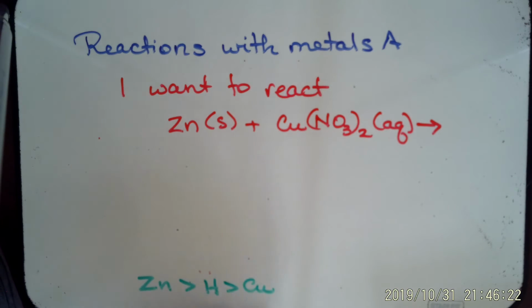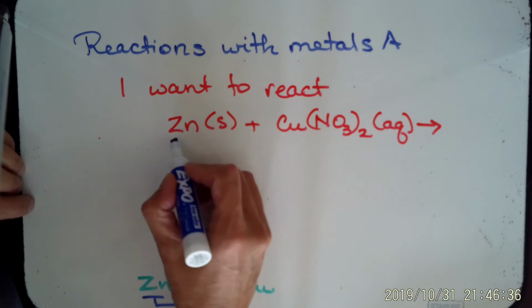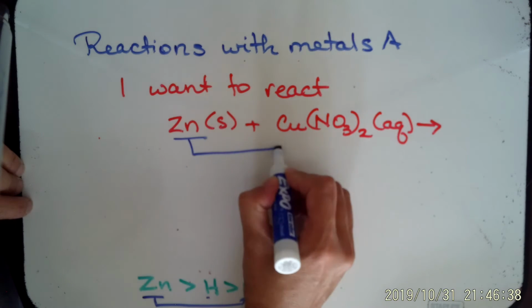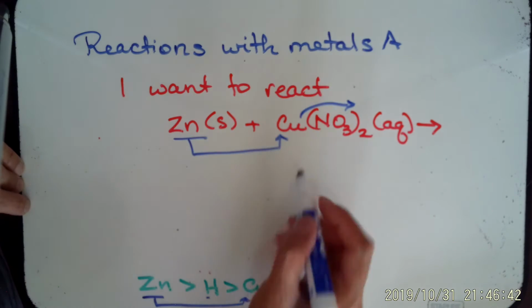So you go to your activity series and say, oh, listen, zinc is greater than hydrogen and hydrogen is greater than copper. So zinc must be greater than copper. If that's the case, if zinc is more active than copper, then it means it's strong enough to displace the copper. Okay? So what do we get?